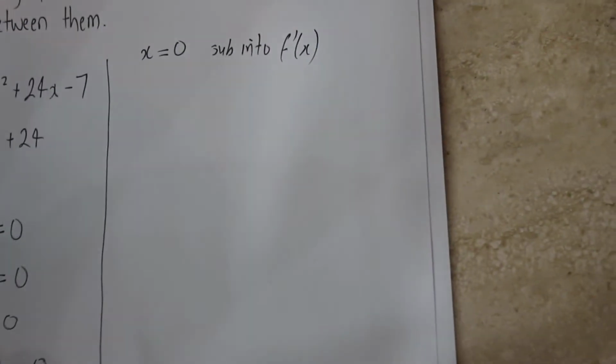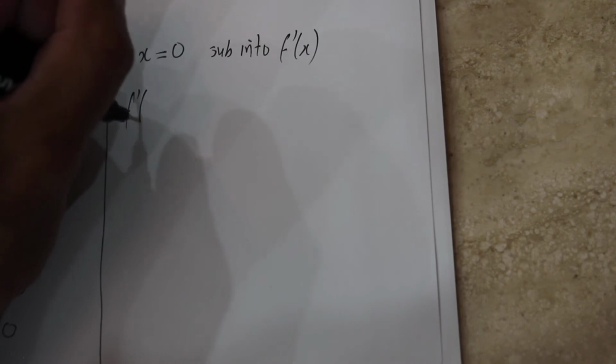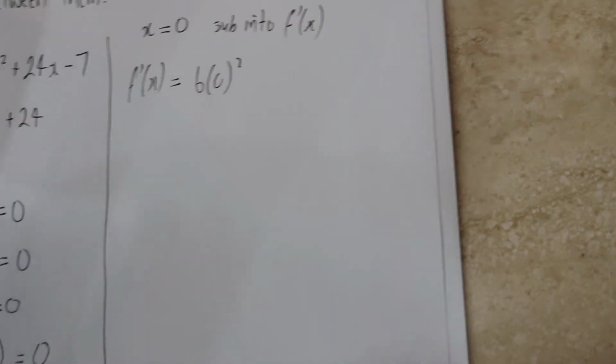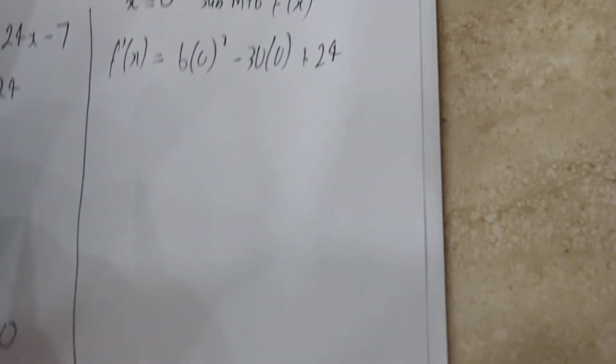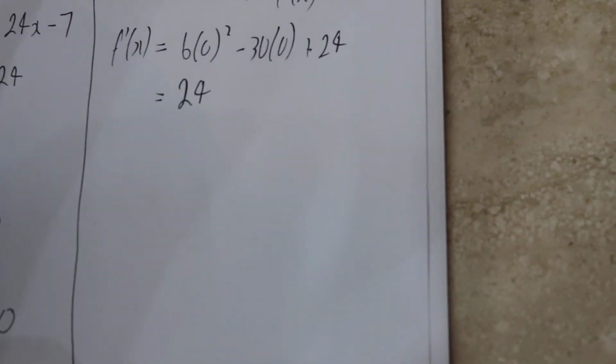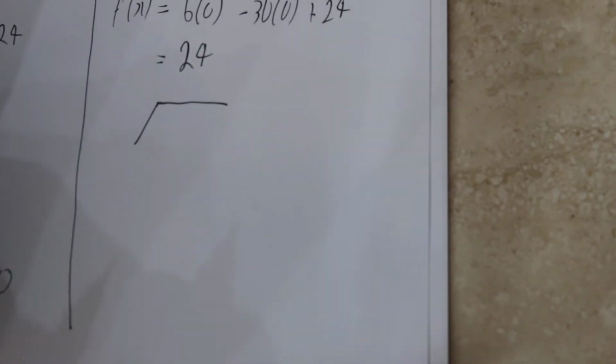Let x equals 0 and sub it into f dash x. f dash x is equal to 6 times 0 squared minus 30 times 0 plus 24, which is evidently 24. So it's a positive slope before the stationary point at x equals 1.